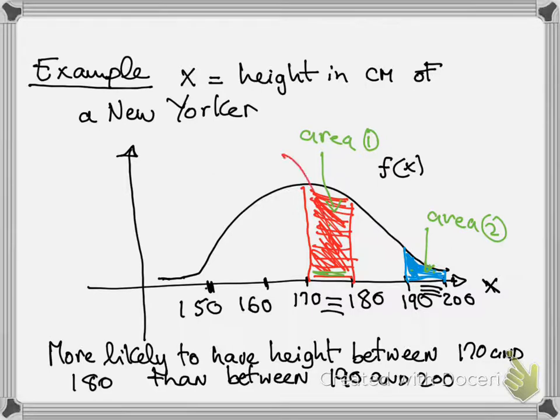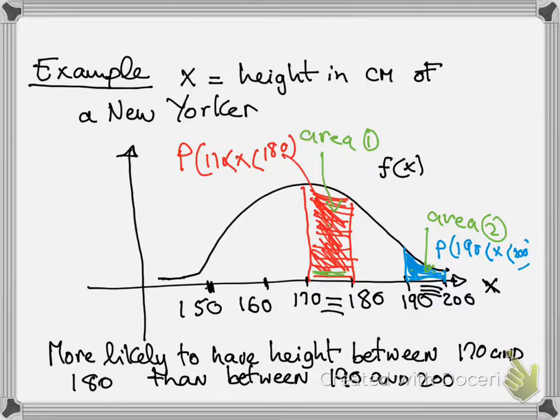That's the probability that the height is between 170 and 180. And the blue area is the probability that the height of a New Yorker is between 190 and 200.